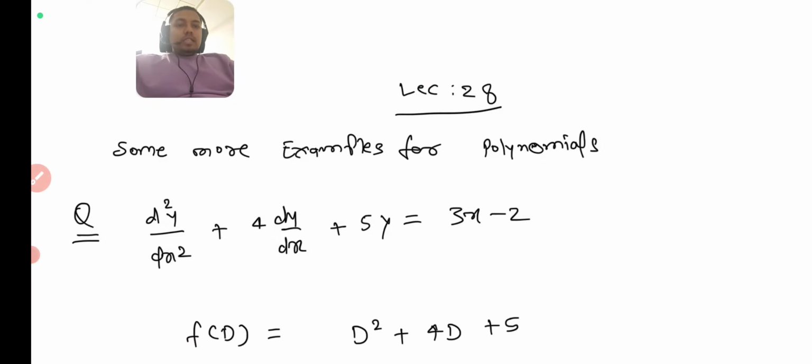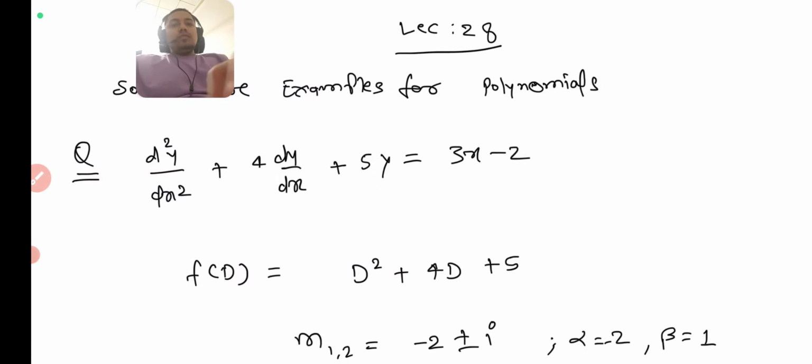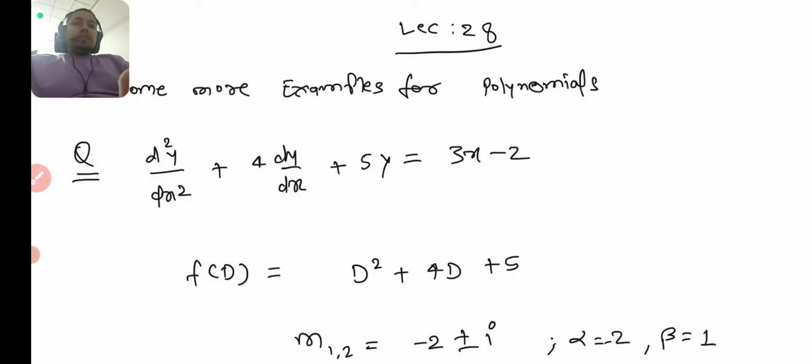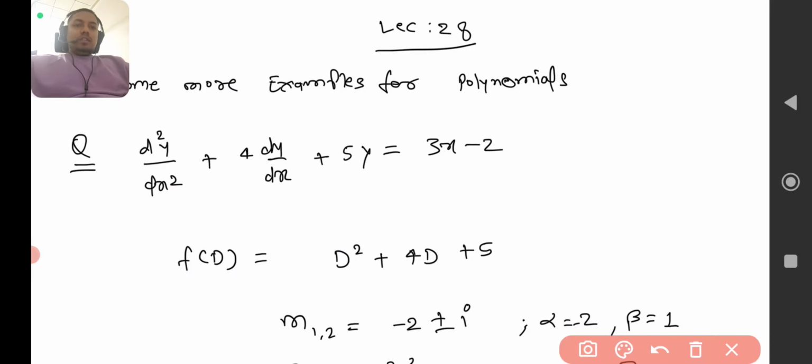So in this example, d2y by dx square plus 4 dy by dx plus 5y is equal to 3x minus 2. One thing you can do is treat the 2 separately as a constant number, like we have treated in previous lectures, or you can combine 3x minus 2 together as a complete polynomial.